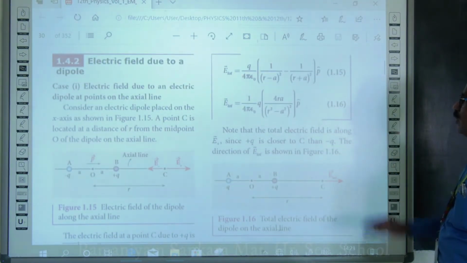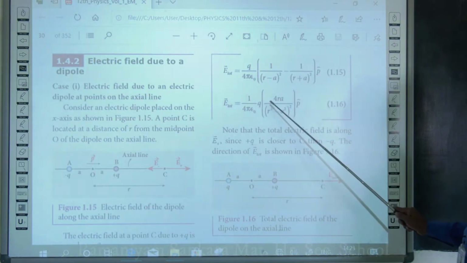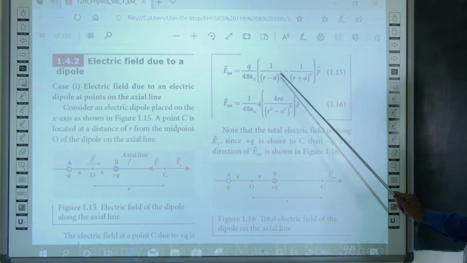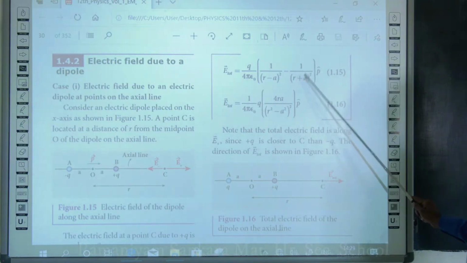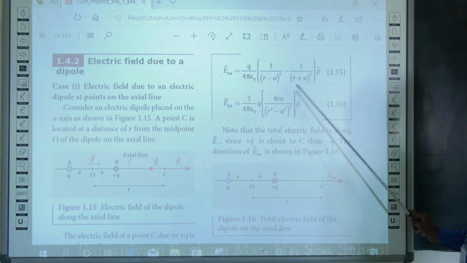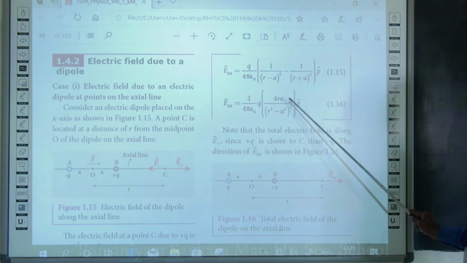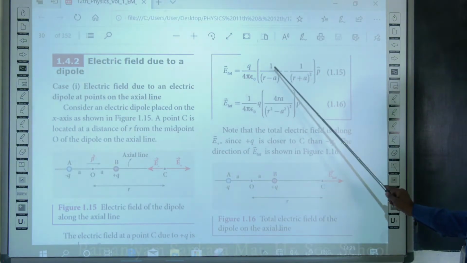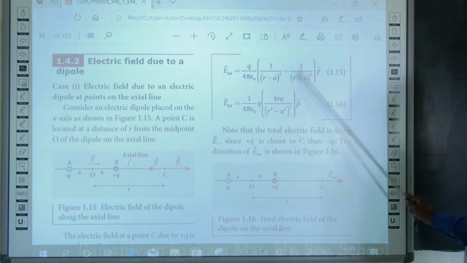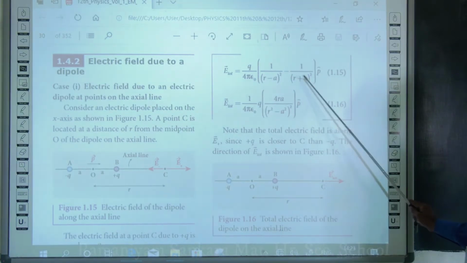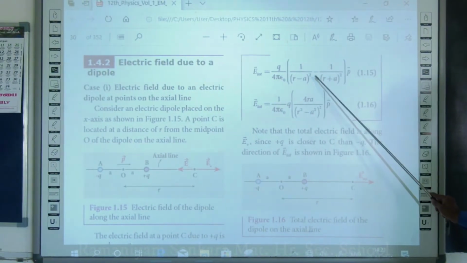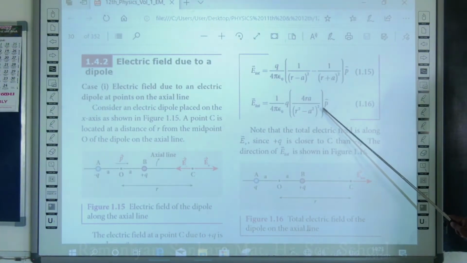Okay, so what are common? I told you, all this is common, take it out. So 1 by (r minus a) whole square minus 1 by (r plus a) whole square. You know already, (a plus b) whole square minus (a minus b) whole square equals 4ab. How to remember? These two multiply, (a plus b) into (a minus b) gives a square minus b square, and here we have to put square only, not power 4.